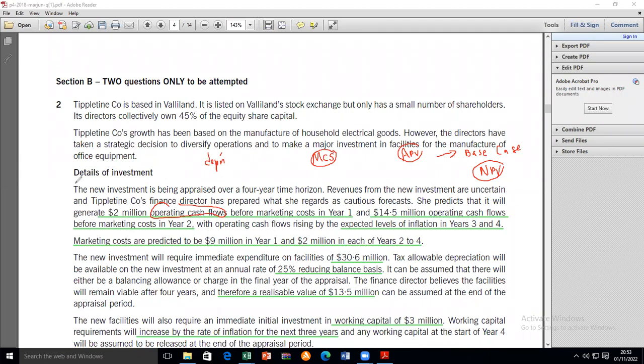you already built up a table. So this enables you to build up a table. A table of what? A table of cash flows. So we've got a table of cash flows from here.